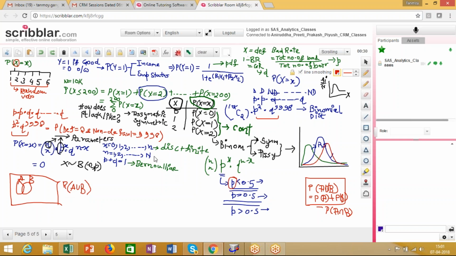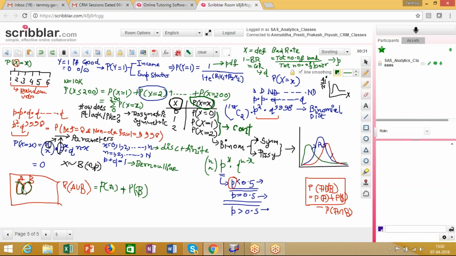If I'm saying probability A union B, very simply, it is going to be probability A plus probability B. Now when I do this, you would see that this is A, I'm computing it once. Now this is B that I'm computing again once, right?